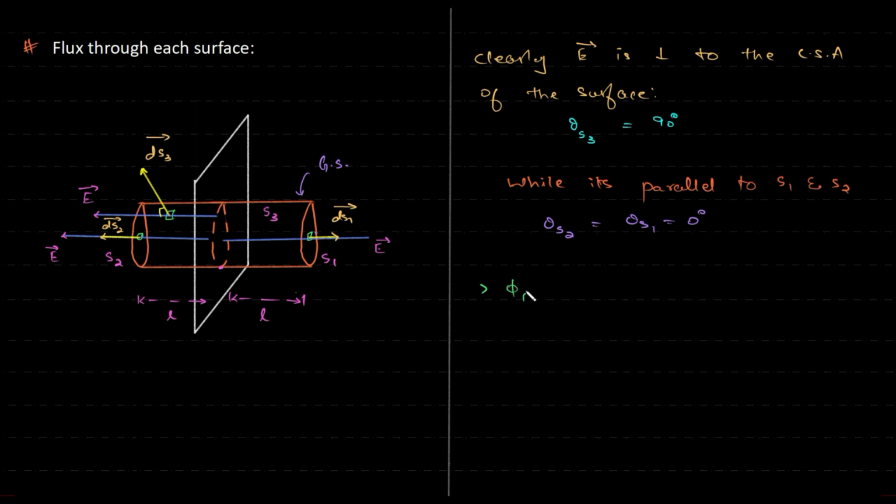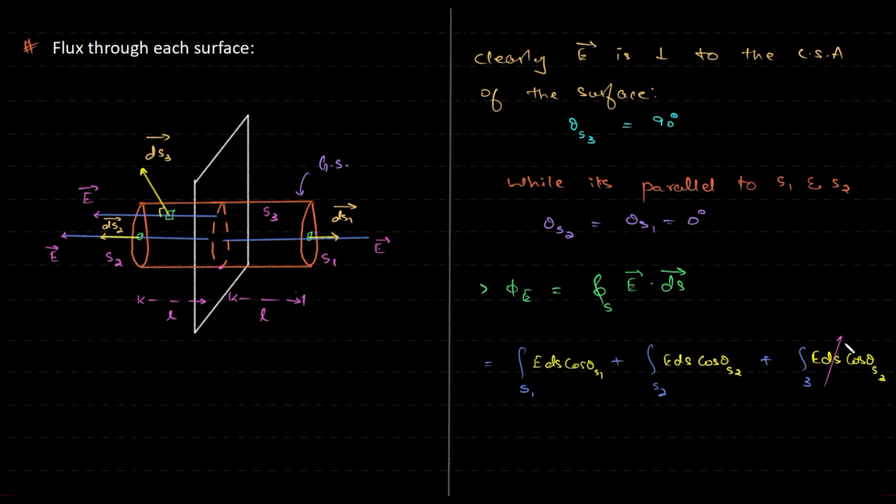Now we're looking at the flux. So this would be E dS, right? Total surface, we're adding up all the surfaces, but we have divided the surface into 3 parts: 1, 2, 3. And here too it is E dS cos theta for S1, E dS cos theta for S2, E dS cos theta for S3.